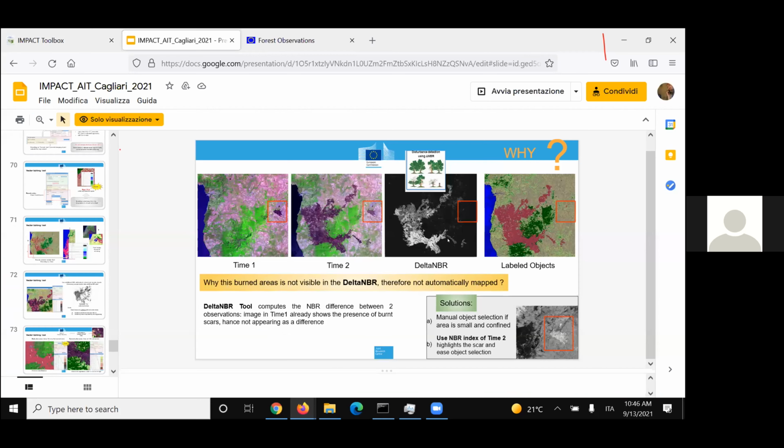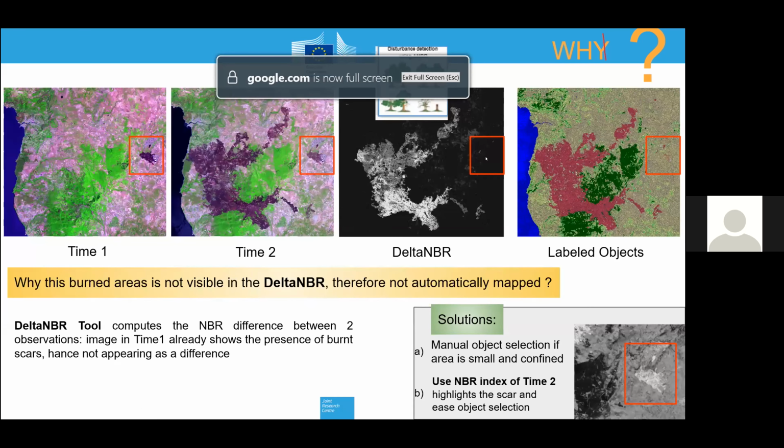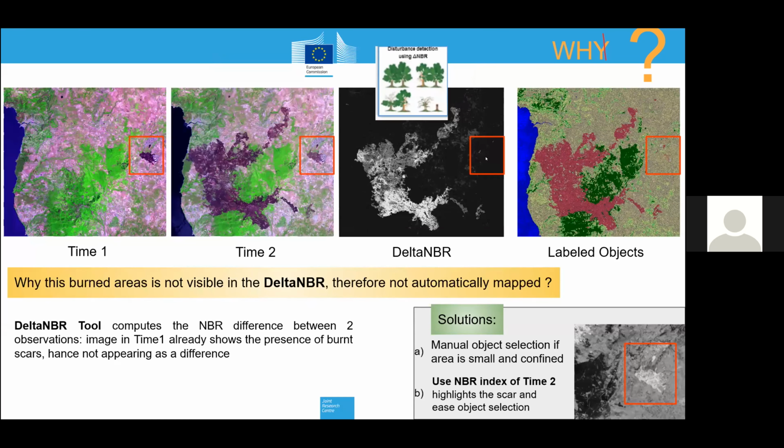That means that when we build the delta NBR, that is the difference between the two images, this area is not detected as a change, or maybe as a slight change, because there is not much difference in the two.